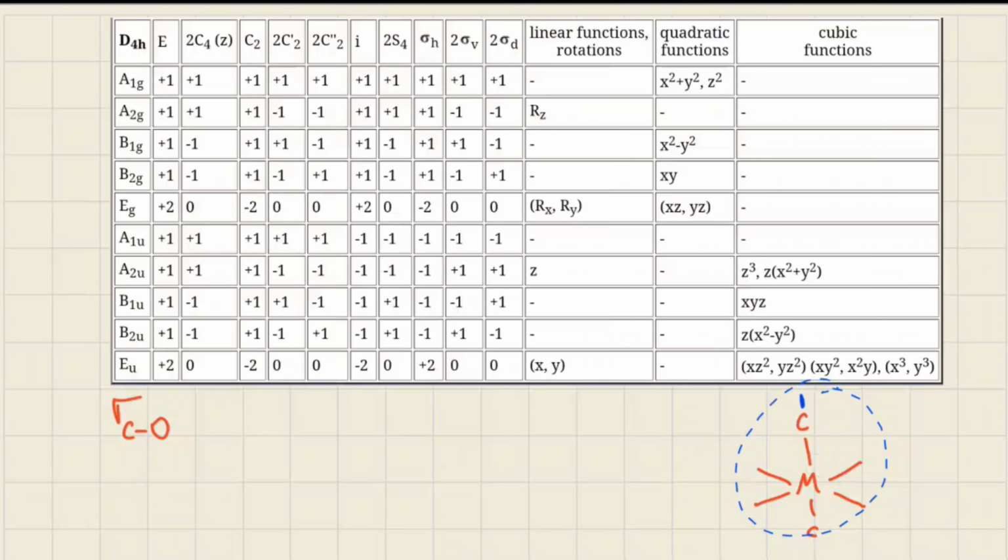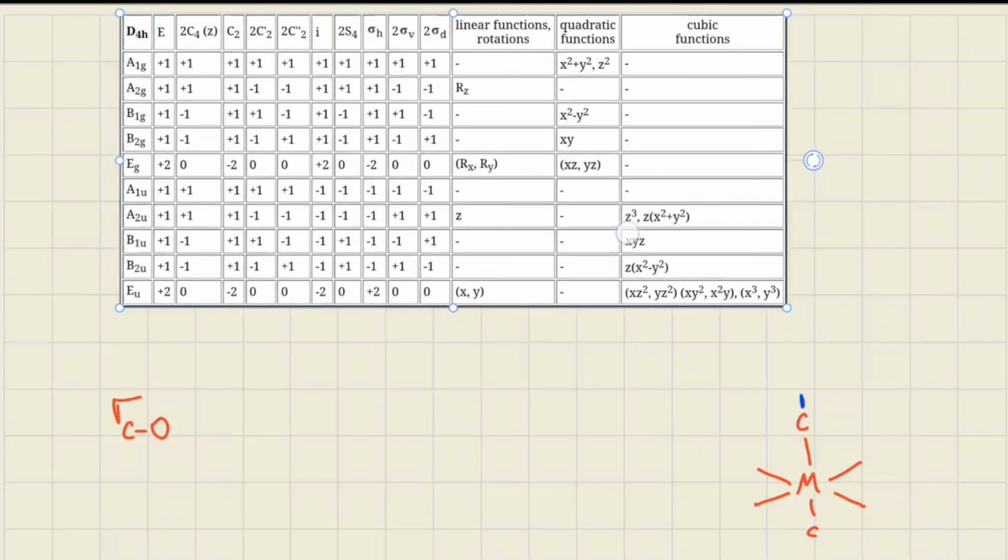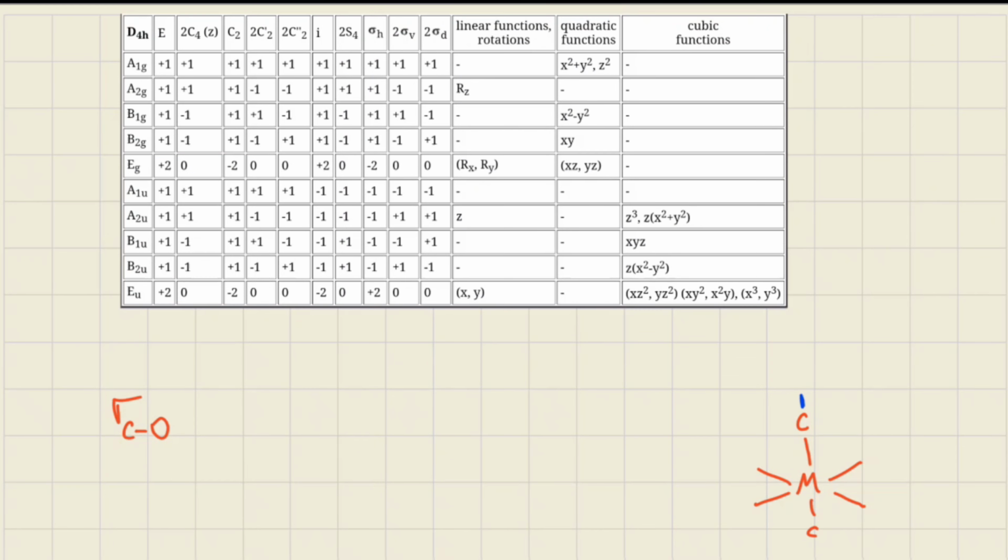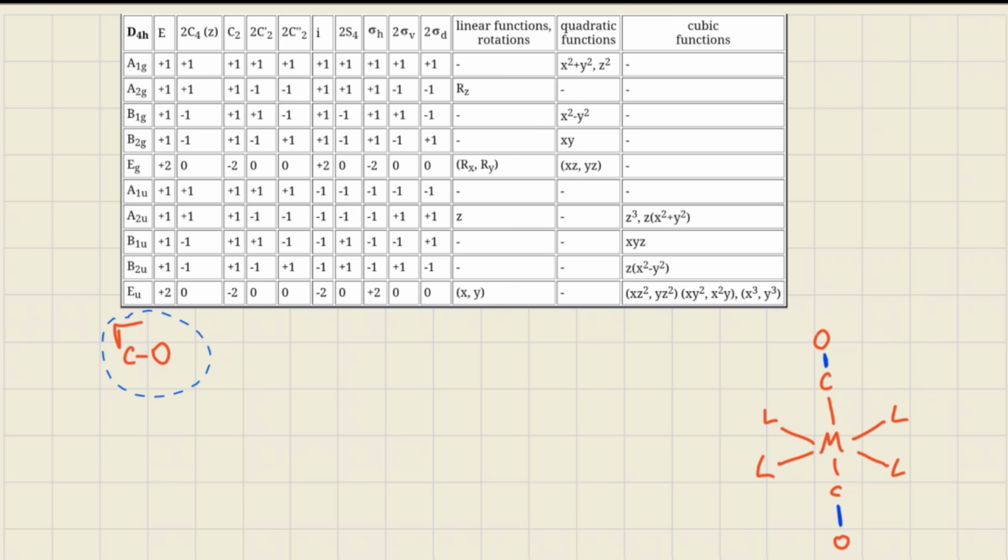I need a little bit more space. So this is our molecule, and I have to apply symmetry elements.